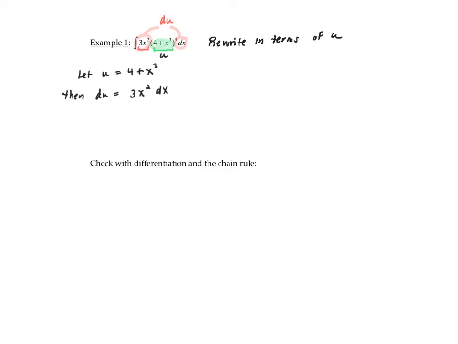Okay, what it's going to look like is the antiderivative, or you could say the integral, and we're going to replace 4 plus x cubed to the fifth with u to the fifth, and then the 3x squared and the dx are going to get replaced by du. Now we have something that we can take the antiderivative of.